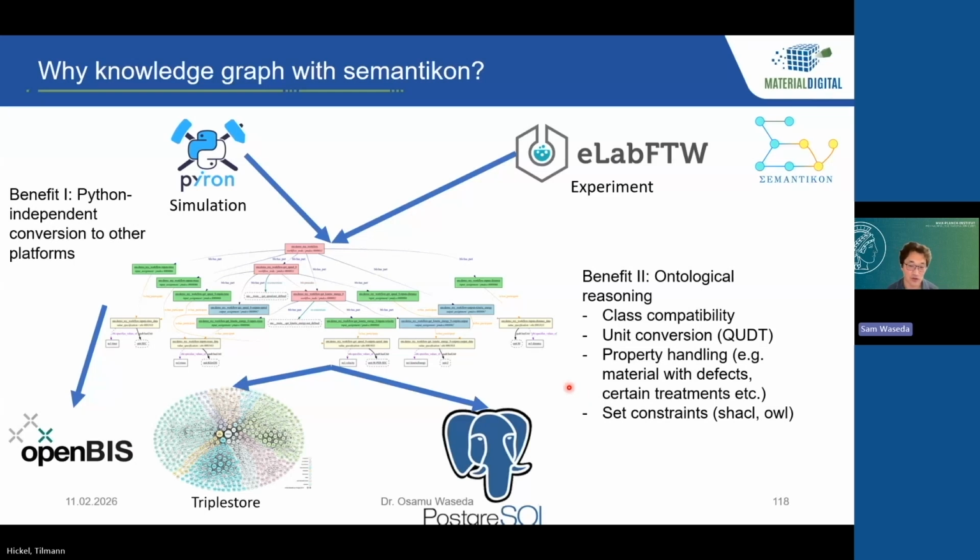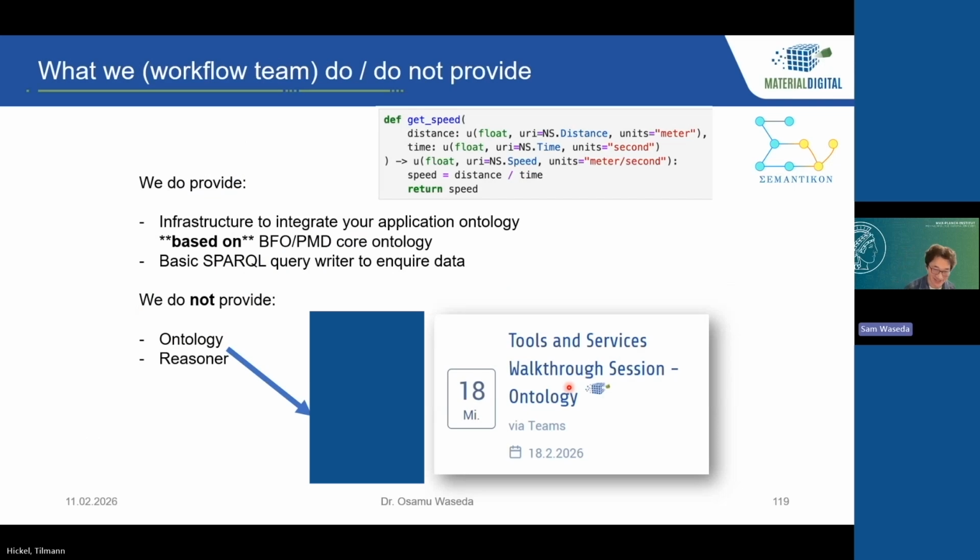And then you can also create constraints, because you might want some very special input, like I'd like to have a material which has this property, like it went through this treatment and it has no vacancy and so on. And on the technical side, you can also use SHACL, OWL, and so on. And if you are lucky, or if the ontology is properly created, you might even be able to find more data than what you were expecting, through the reasoner that you use.